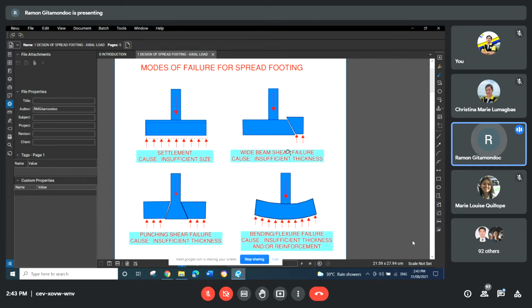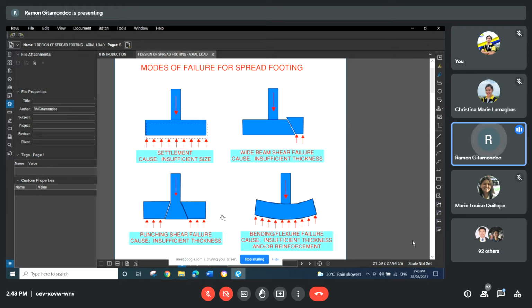So we have to provide steel reinforcement at the bottom of the footing in order to resist the tension, which of course is at the bottom side. Okay? If the reinforcement is insufficient, it will cause bending failure.